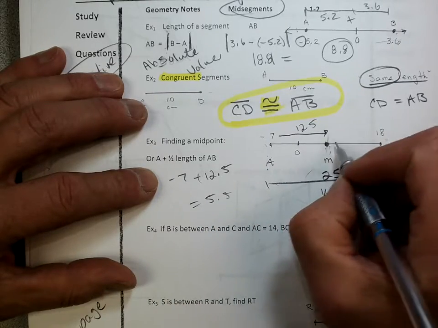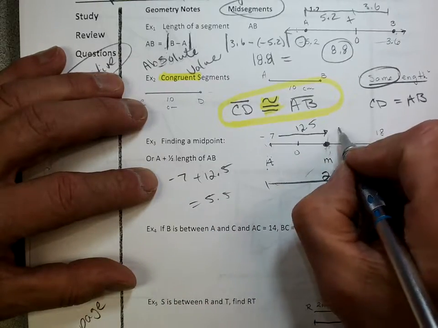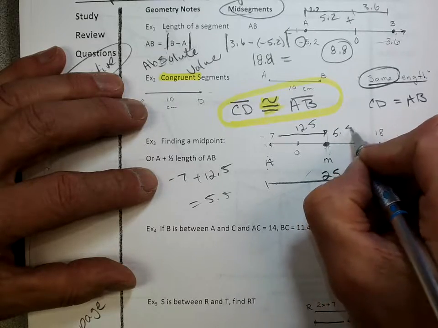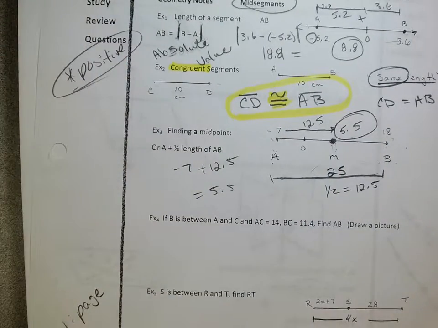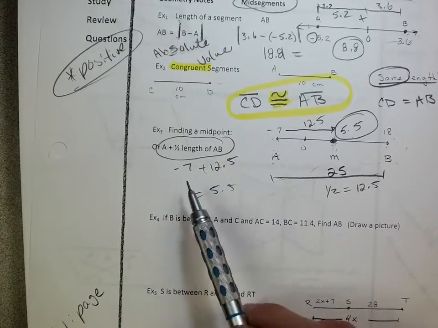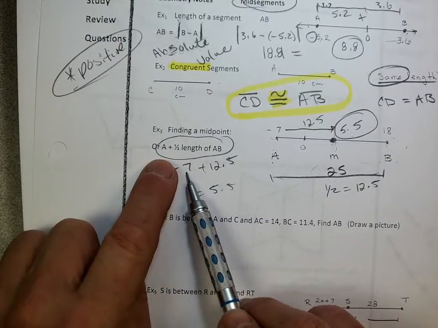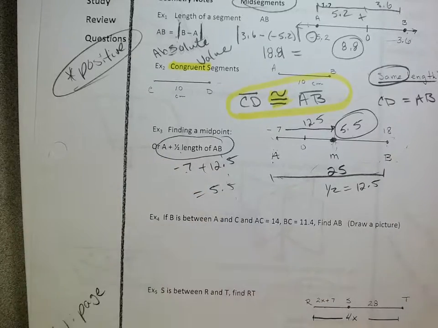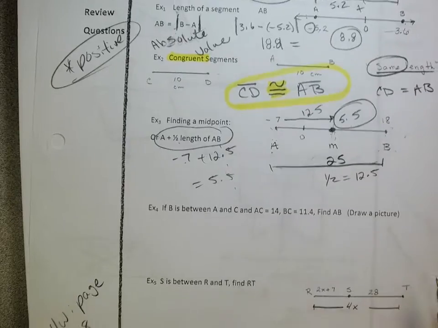So that's actually the coordinate of the midpoint. 5.5 is the middle. Now, how does this little formula work? We just did it. We took negative 7, which is the value of A, plus half the length of AB, and we got it. That's another way to do it. All right, almost done.